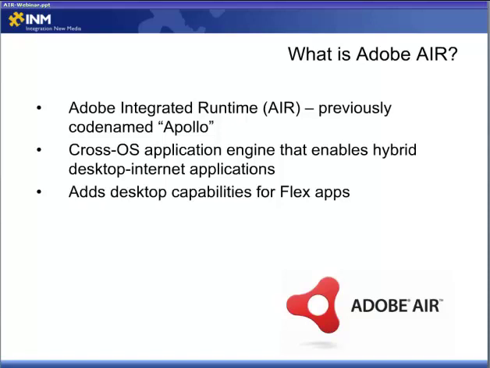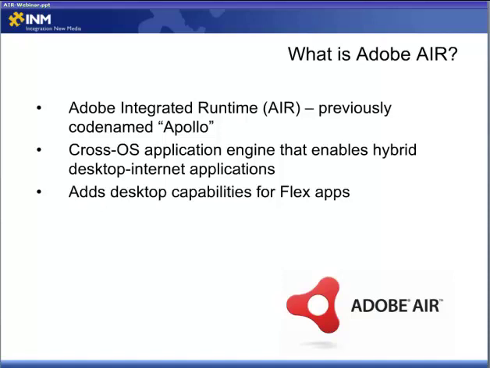So what is AIR? Now you've heard this acronym and you've heard about the Adobe Integrated Runtime. But what I wanted to do is to get into an explanation that moves beyond the technical explanation that Adobe has provided. When you hear from Adobe, what they say is that AIR is a cross-OS application engine that enables hybrid desktop internet applications.